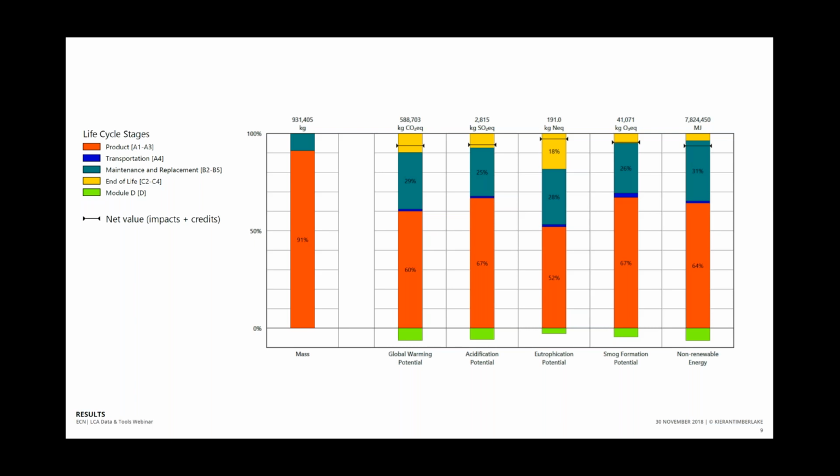So the output reports from Tally come in two formats. One of them is a PDF report that has fairly high quality graphics that can just be captured and put directly into presentations. In addition to that, it also includes an Excel file that really includes every little piece of data that Tally generates. So for those that really want to get into the weeds, that more sophisticated level of information is available as well. Next slide.